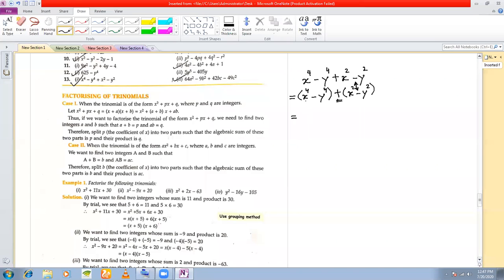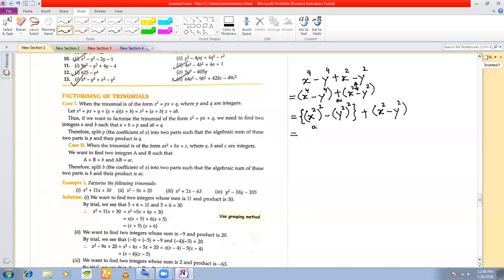So now you see that x to the power of 4 minus y to the power of 4 can be written as x square square, the square of x square, and y to the power of 4 can be written as the square of y square. And this one, let us first write as it is, x square minus y square. Something can be done with this also, but I'm coming to that later on.